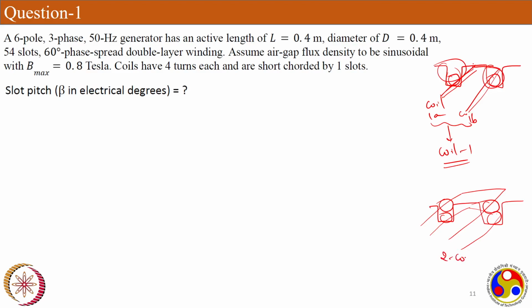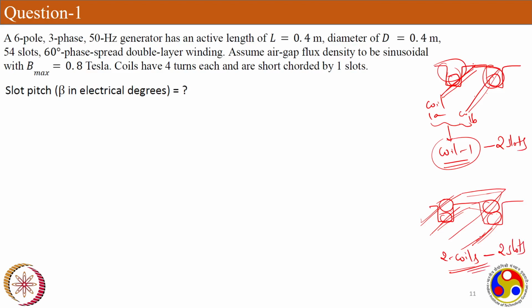Two coils, right? This is a coil side of coil 1, and coil sides of coil 2. So if it is a double layer winding, two slots can accommodate two coils. If it is single layer winding, two slots can accommodate only one coil.